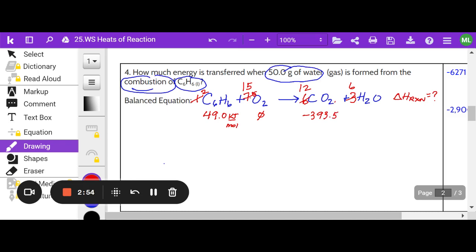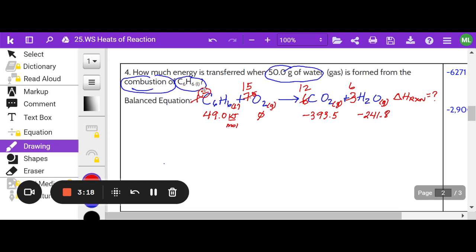H2O is, by the way, these are all gases. Gas, gas, gas, except for C6H6 is liquid. Okay, and then this one is negative 241.8. Don't worry so much about the sig figs. I'm just going to round it to 3 sig figs in the end. Okay, so I'm only putting the units for the first one so you can see how the units work.